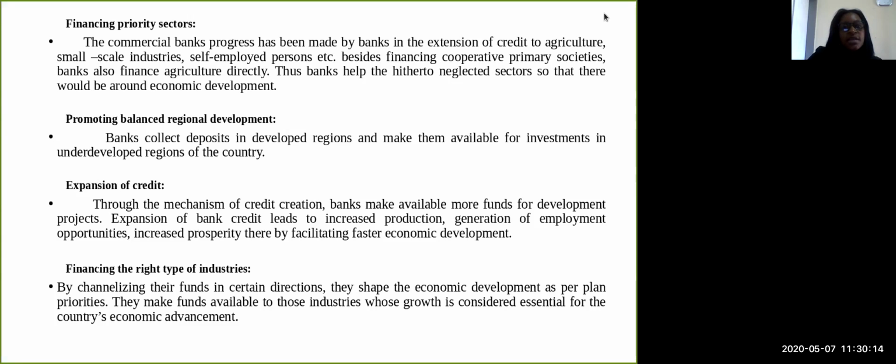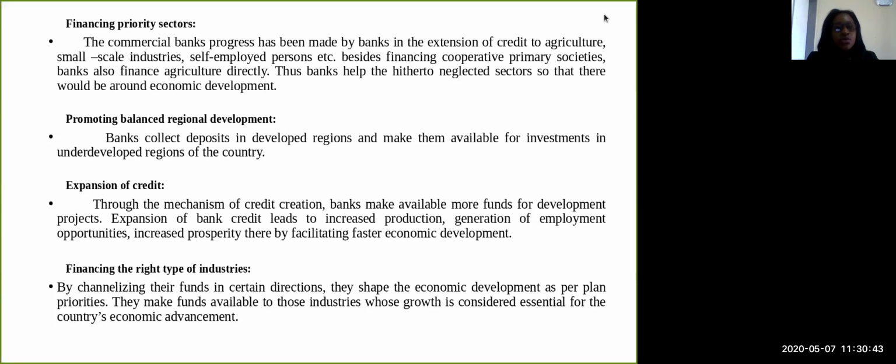The next is expansion of credit. Through the mechanism of credit creation, banks make available more funds for development projects. Expansion of bank credit leads to increased production, generation of employment opportunities, increased prosperity, thereby facilitating faster economic development. The next is financing the right type of industries.